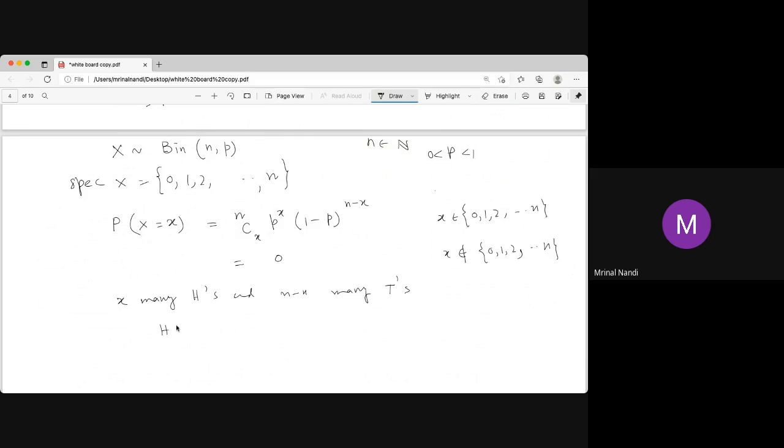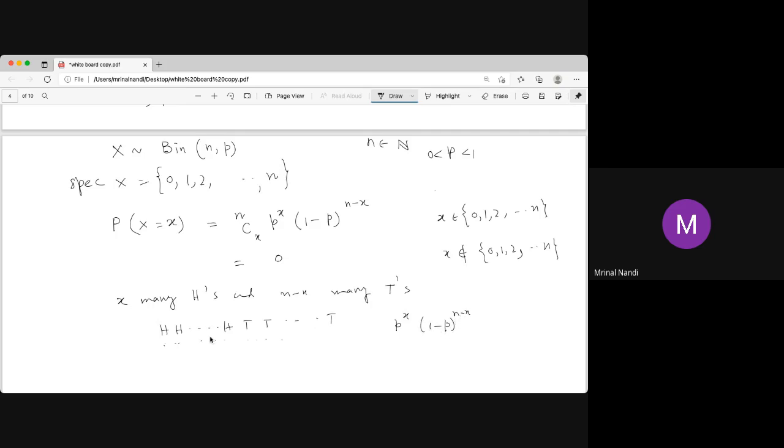If I say x many heads, then tails, what is the probability? This probability is nothing but p into... they are independent. I must say the tosses are independent, with the same coin, repeatedly and independently. So it is p, and then q is just 1 minus p. So it is just p to the power x, 1 minus p to the power n minus x.